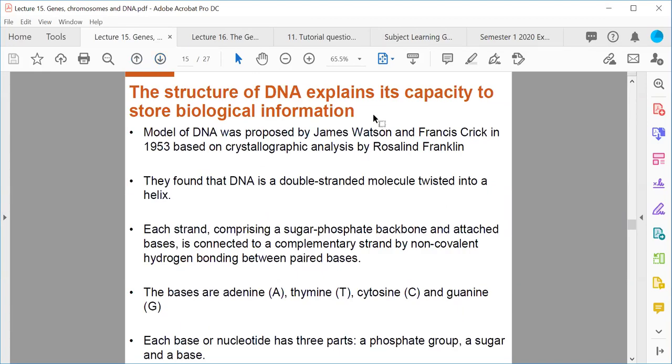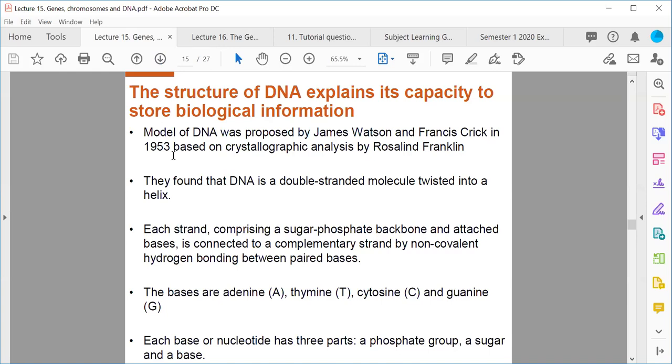All right, so let's just revise a little bit more about what we know of DNA, that incredible molecule that really determines everything about an individual organism. And it was very interesting in the 1950s. In the 1950s, there was a race on amongst scientists around the world trying to determine the structure of DNA.